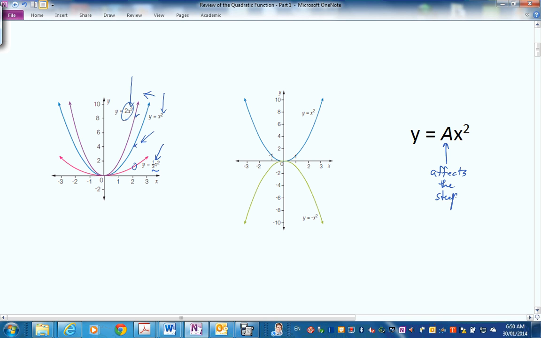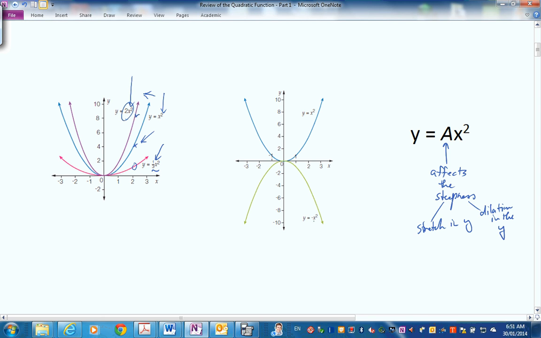Okay, that's important, and often called, depending on the textbook, a stretch in the y by a factor of 2 or a third, or a dilation, sometimes called a dilation in the y direction. That's a proper mathematical term. We're not doing much of that in this particular course.